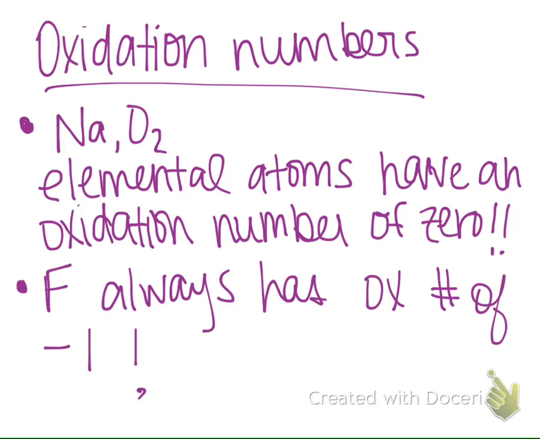It always gets to keep its -1 charge as its oxidation number. That's the same as its charge, right? Because fluorine's in group 7, it has a -1 charge. It gets to keep it.